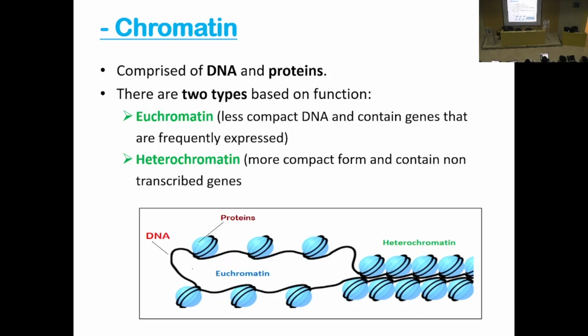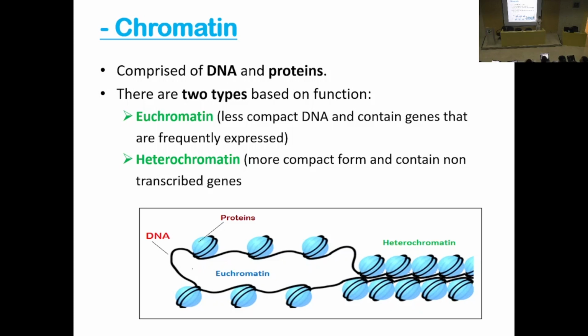All right, so when you look at the chromatin under the microscope, you will find two regions. We have what we call heterochromatin, and another region which is called euchromatin. What is the difference between them? Excellent. As you can see from the picture, in the heterochromatin, the DNA and the histone are very close to each other. Very, very close. So the structure is very compact.